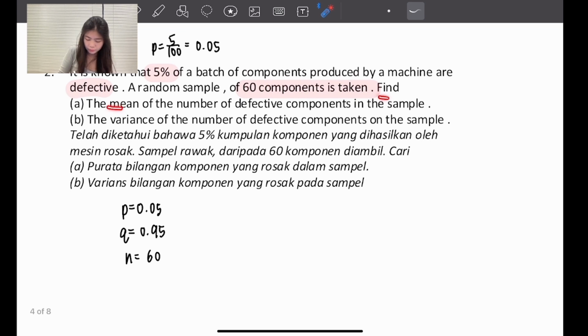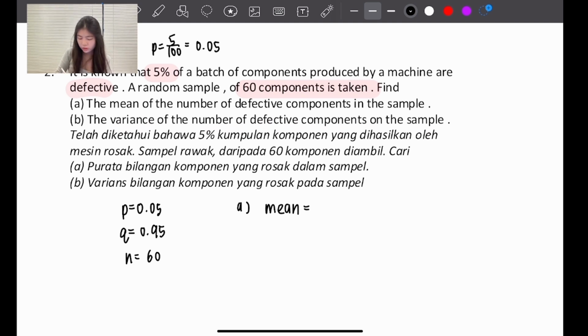Find the mean of the number of defective components in the sample, and secondly, the variance of the number of defective components in the sample. For the first part, the question asks to find the mean, so we use the formula n times p. n will be 60 times 0.05, so the answer is 3.